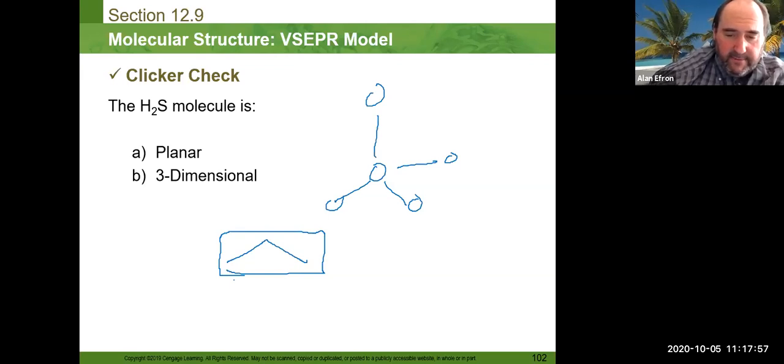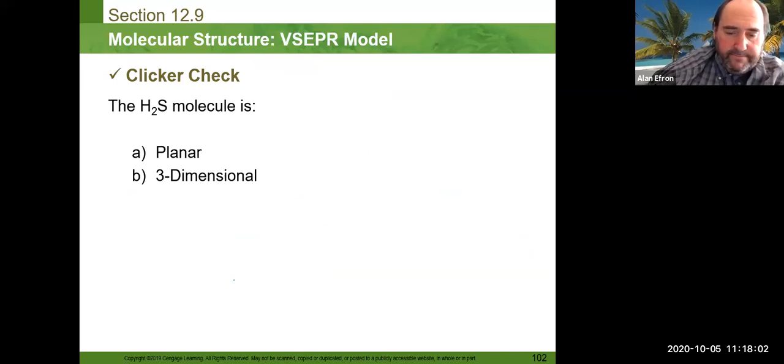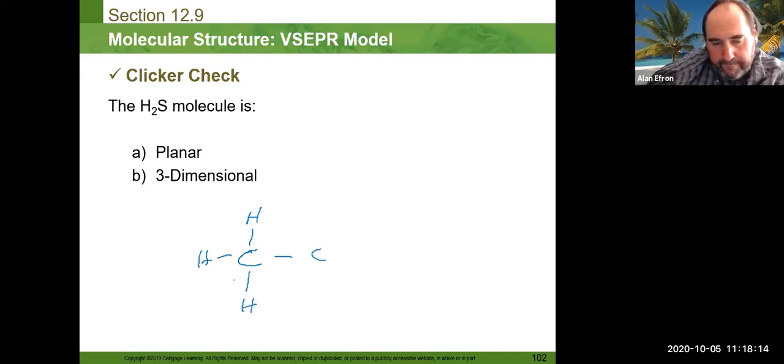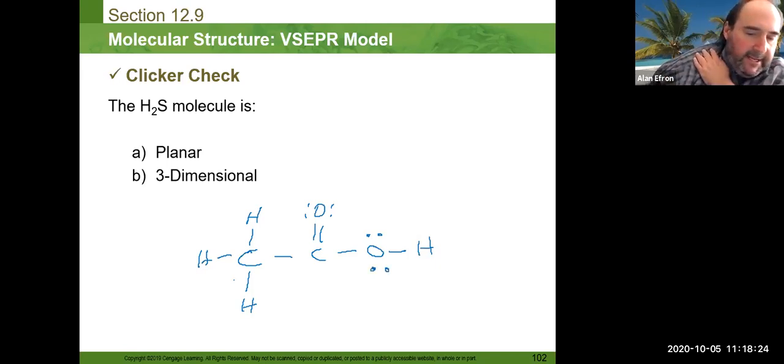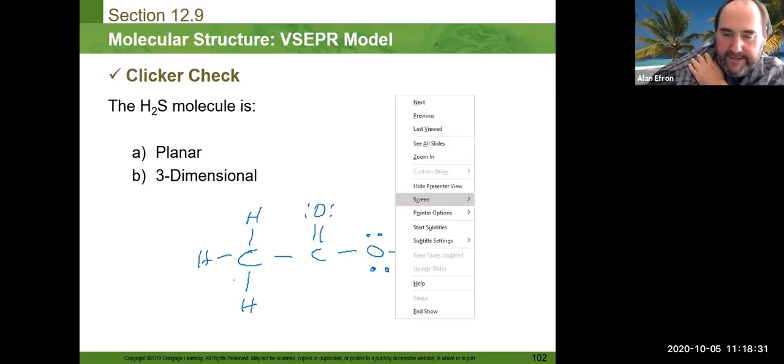So, for example, let's say I drew this one, which is known as ethanoic acid, also known as rubbing alcohol and all that good stuff.